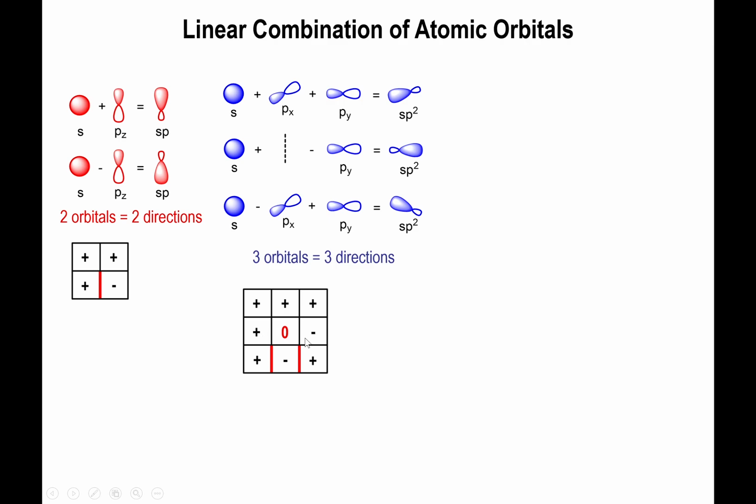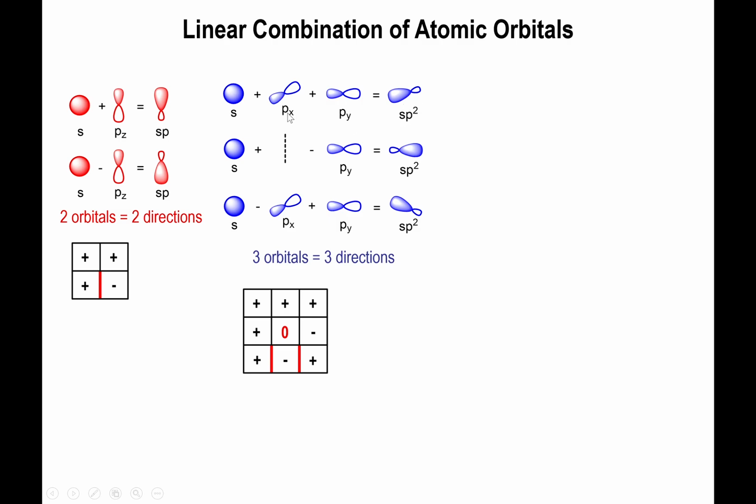For the middle one, the only way to end up with a lower number of nodes is to have the node itself in the second column, second row cell, and that means you have basically no electron density whatsoever on that second atom. Notice that I didn't even include the px orbital because it doesn't play a role. But what happens is that you end up with sp2 orbitals.